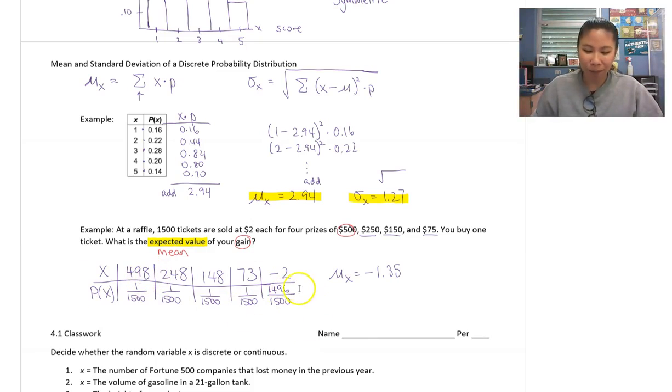For any casino game that you play, it's not the same probability distribution, but it's similar in that winning money is a small probability and losing money is a big probability.